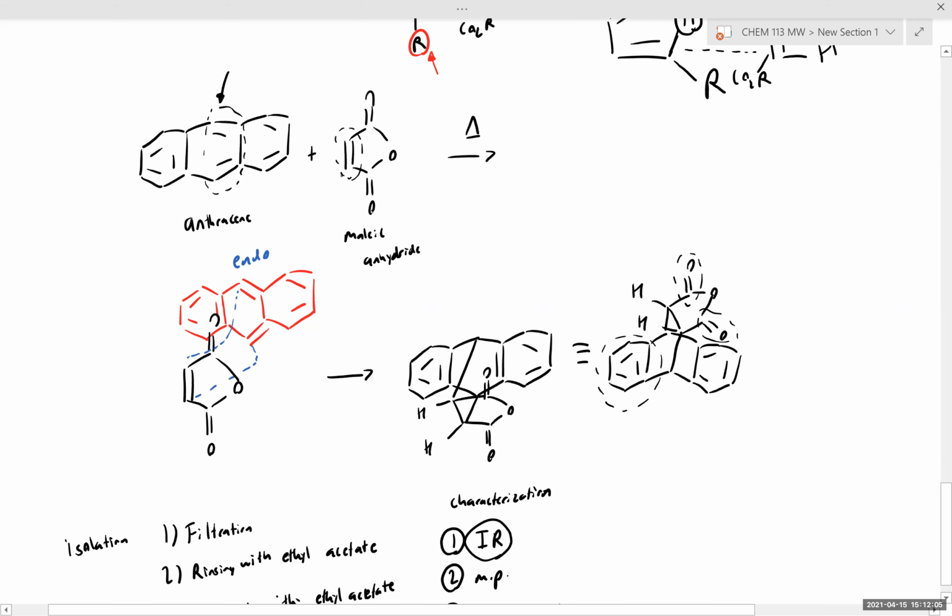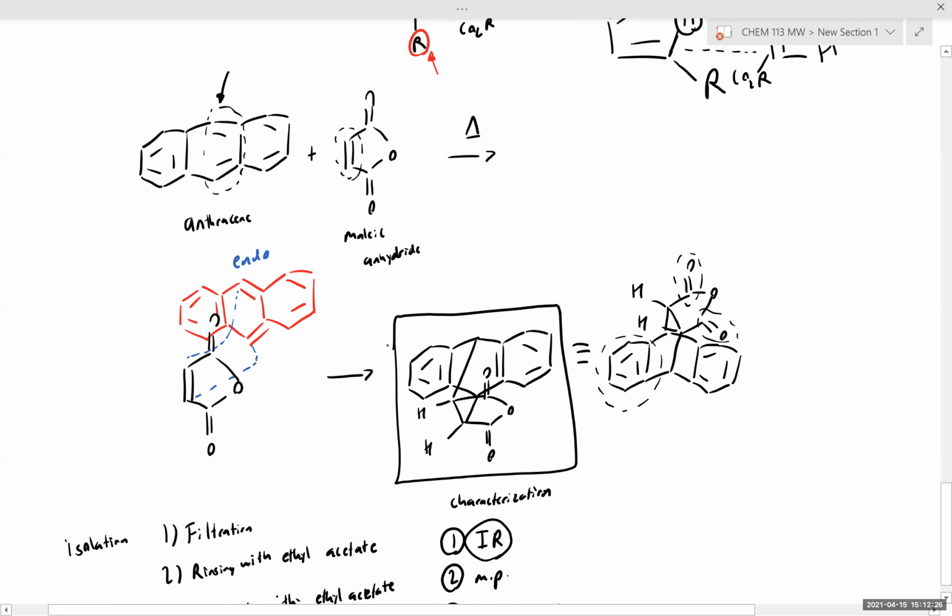Maleic anhydride is a symmetrical activated dienophile, and our diene is going to approach following the endo approach. We'll form two carbon-carbon bonds, and as a result of the endo approach, we get the following maleic anhydride adduct.